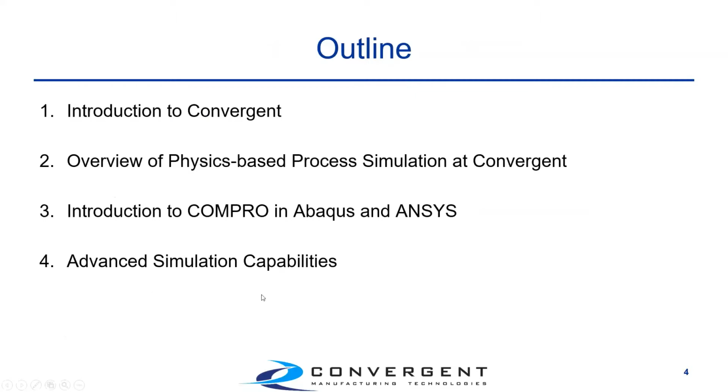And then we'll talk a little bit about the advanced simulation capabilities. These build upon the basis that you might know from Raven, where these capabilities can go with more complexity, but more advanced physics that can be simulated, and what you can get out of that.